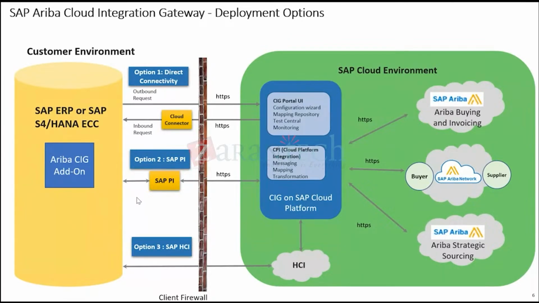So you can also make use of CPI with CIG, and in that case also CPI will only act as a pass-through between the ERP and backend system. So this is basically the architecture, and these are the three deployment options available for the cloud integration gateway. Any question on this part?